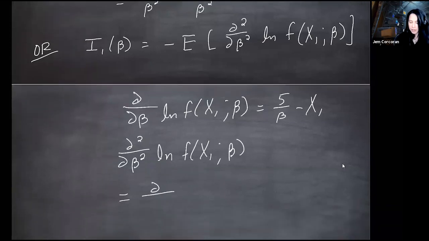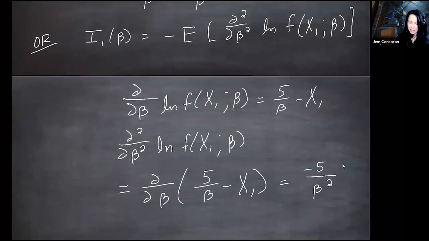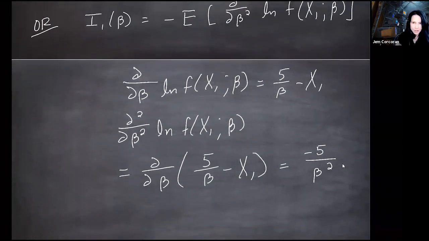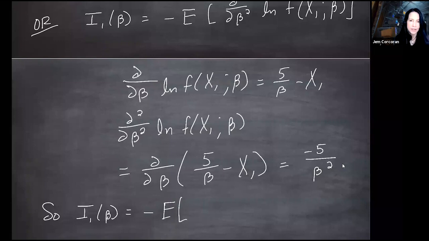This is the derivative with respect to beta of 5 over beta minus x1. That is a beta to the -1, so I get negative beta to the -2. I get -5 over beta squared. And so going back to the thing that's just peeking off the top of the screen now, the one-dimensional Fisher information is the negative of the expected value of that second derivative.